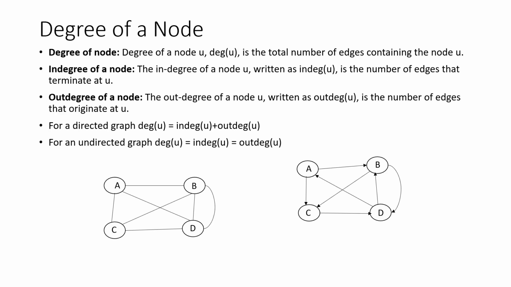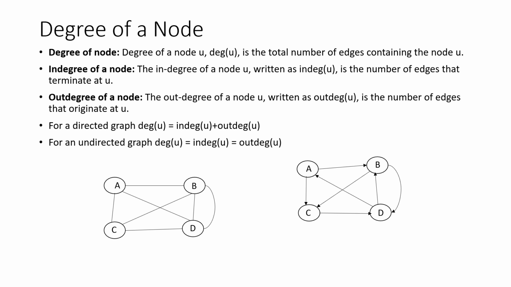So now we will discuss the degree of a node. Degree of a node can be defined as the total number of edges containing that node. Okay. So for the directed graph, there are two types of degree, indegree and outdegree. Indegree of a node can be defined as the number of edges that terminate at that node.